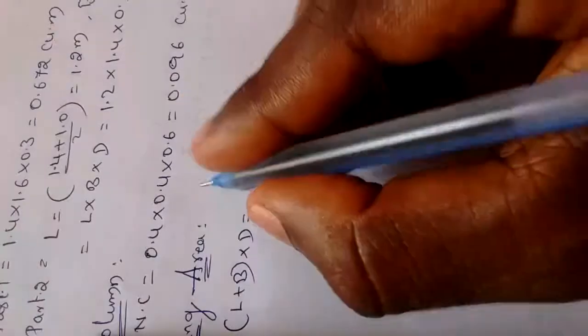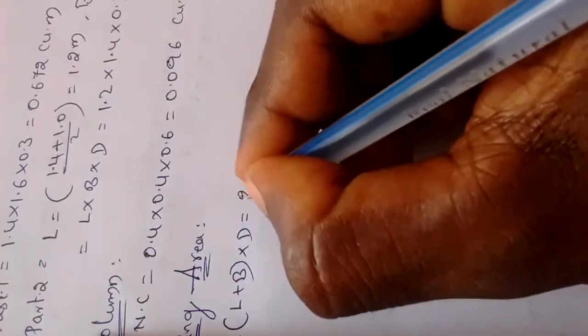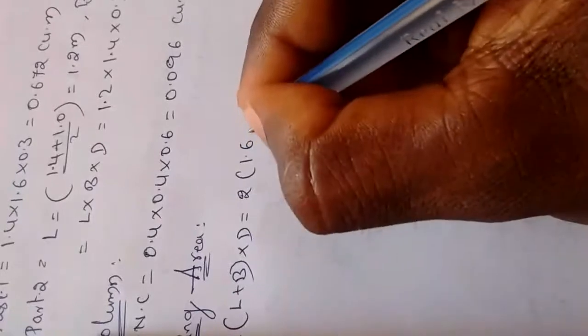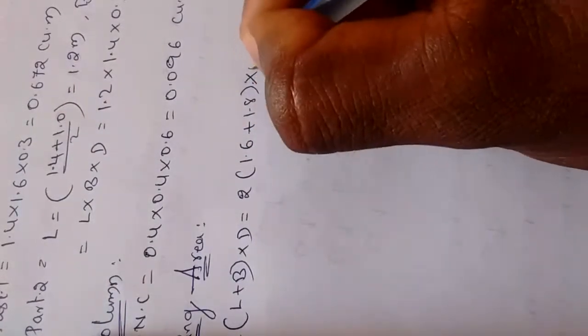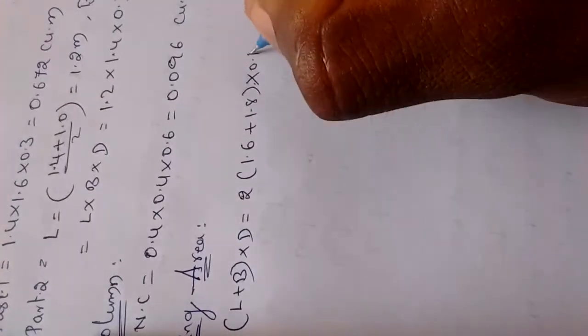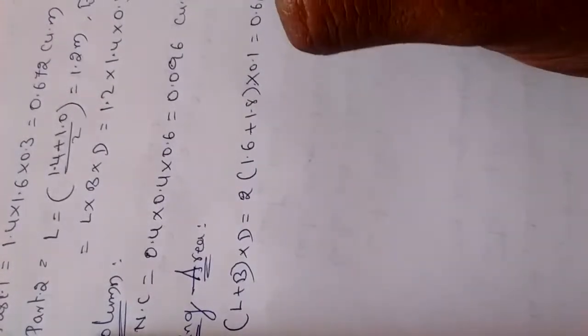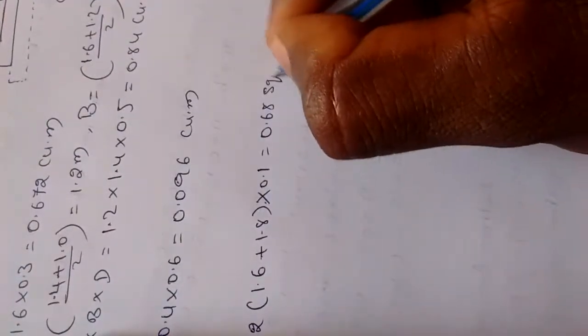Substituting values: 2 into (1.6 plus 1.8) into depth 0.1, you get 0.68 square meters.